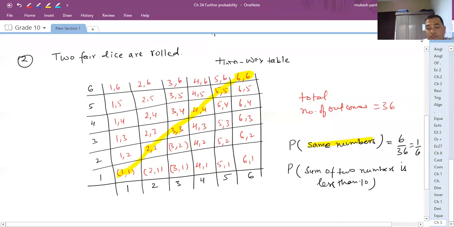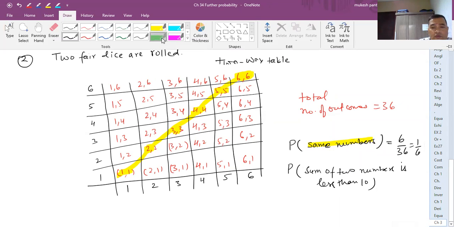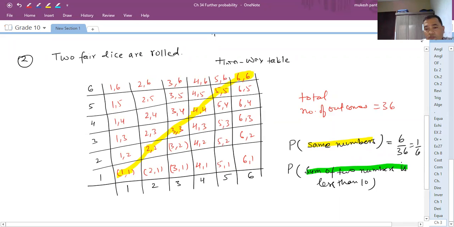We have such an event where we have to pick two numbers whose sum is less than 10. So what you will do, see this, we will look for these ones. If you see all this, that sum is 7. Here this one, here this one, and here this also, all of these.